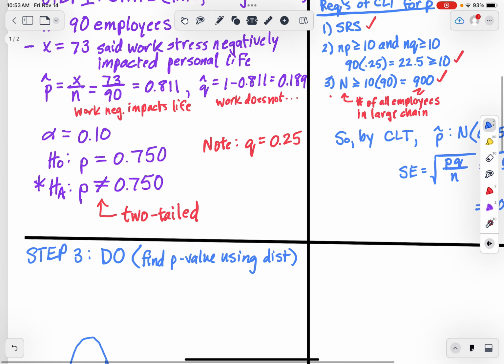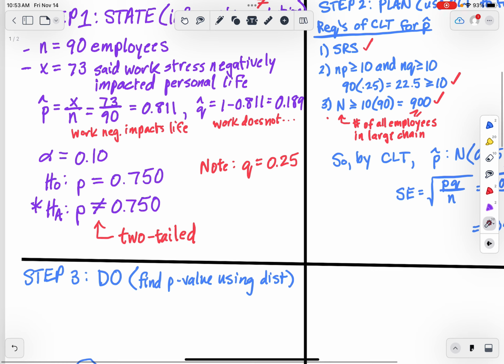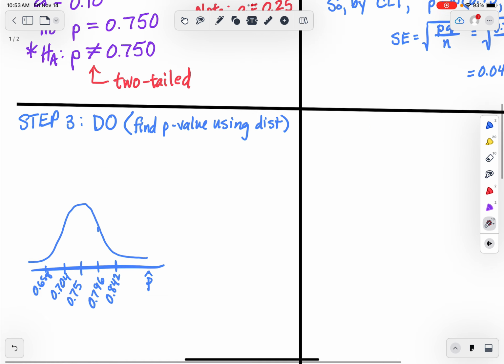Now, in my sample, I got 81.1%. So I'm going to locate that 0.811 on my distribution. It's going to be here between 0.796 and 0.842.